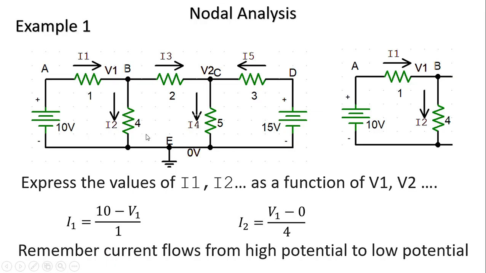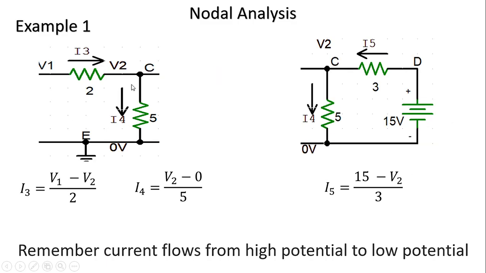So I2 is equal to: one side of this resistor is at point B, which is at high potential V1, and the other side is at 0. So I2 is (V1 minus 0) by 4, since I is the difference in voltage by resistance. Similarly, for I3, one side is V1 and the other side is V2, so I3 is (V1 minus V2) by 2.